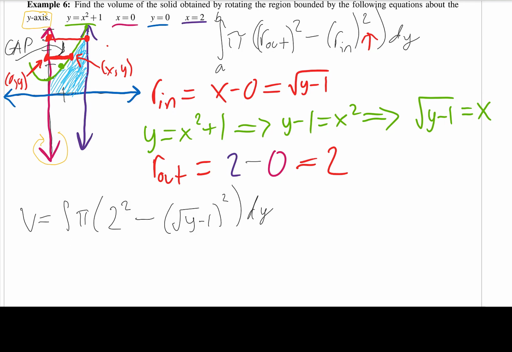And our a and our b are our upper and lower bounds for y. So our upper bound up here is going to be 5, because notice this is 1, 2, 3, 4, 5. And then the lower bound we should say is right here. This is the lower bound for y.